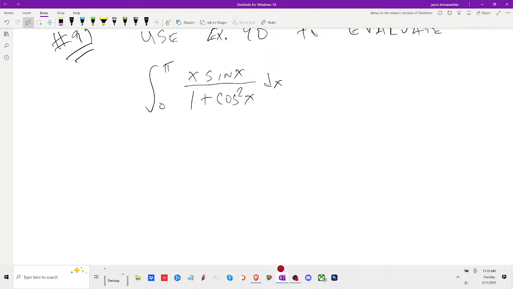Okay, well, supposedly, I'm supposed to use that previous one, and let's just say this one here is the x f of sine x dx from 0 to pi. Let's say that one, so that would mean that this portion here is the f of sine x.